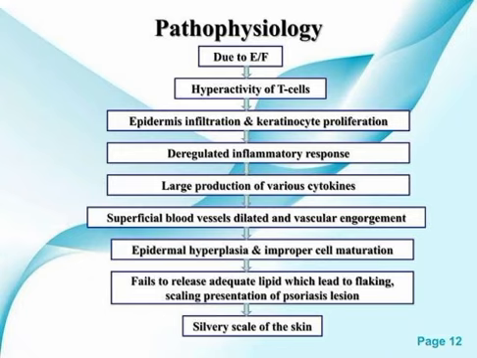Once there is hyperactivity of the T cells, it may lead to epidermis infiltrations. The epidermis is the outermost layer of the skin, and when it undergoes infiltration, it may lead to keratinocyte proliferation. Keratinocyte proliferation is nothing but, as we have already known, psoriasis is caused by the production of keratin.